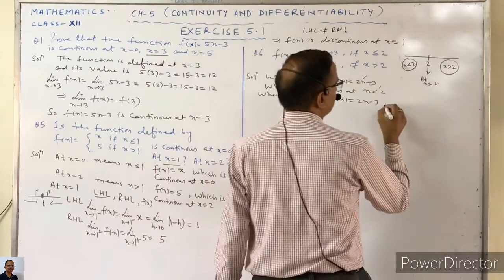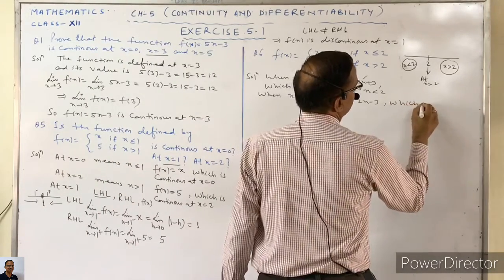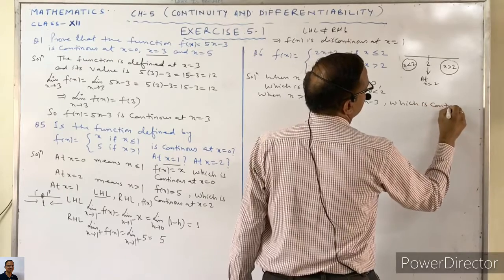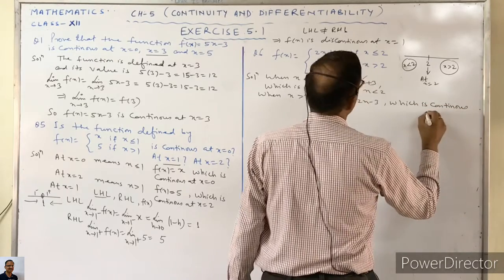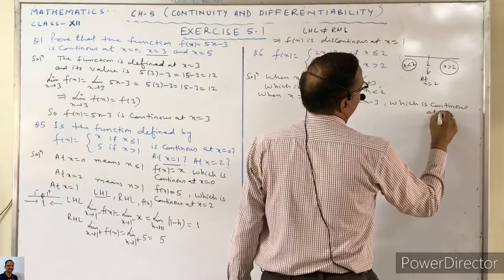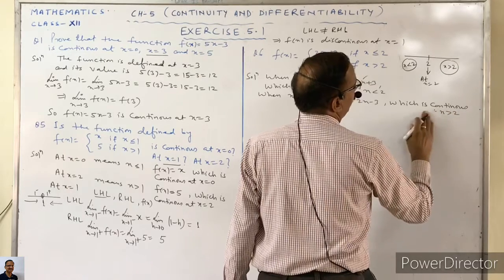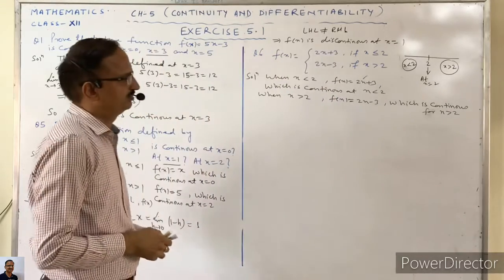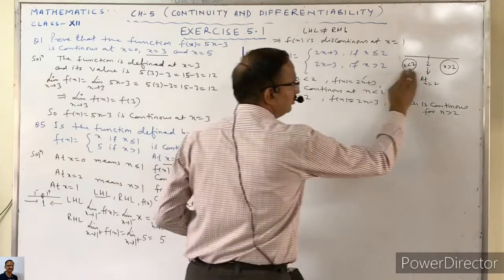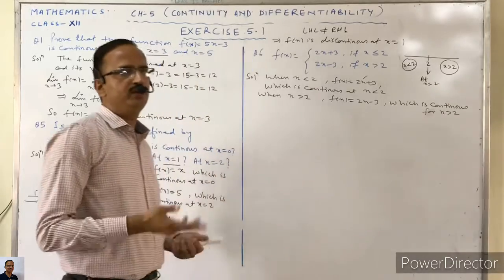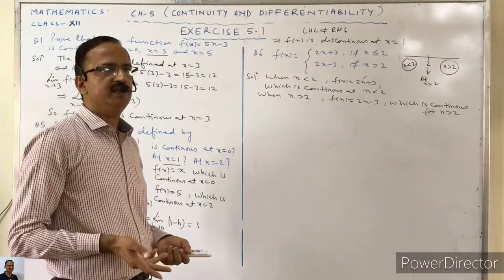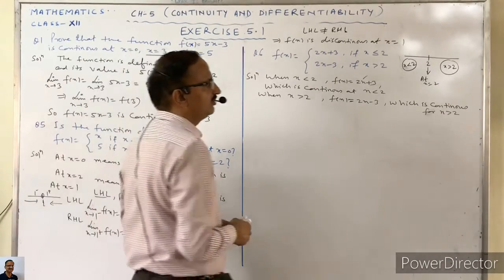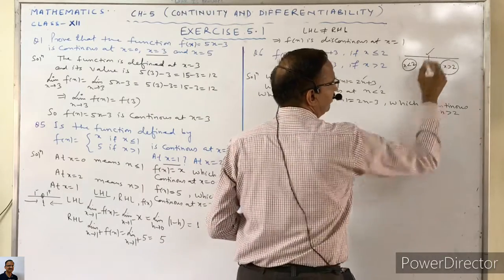So we can write which is continuous at x greater than 2. For these two partitions, no need to prove; automatically the function is continuous. Now the main point is x equal to 2.